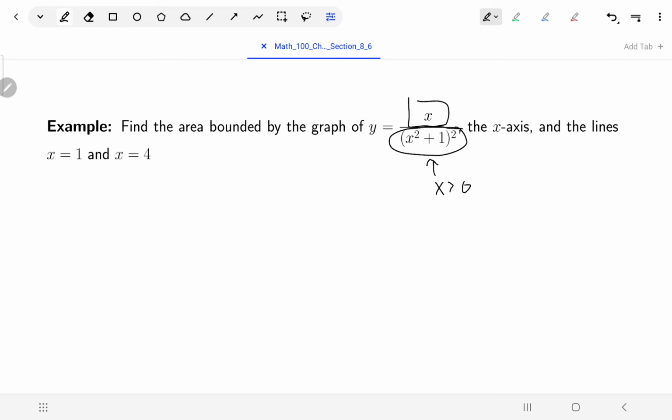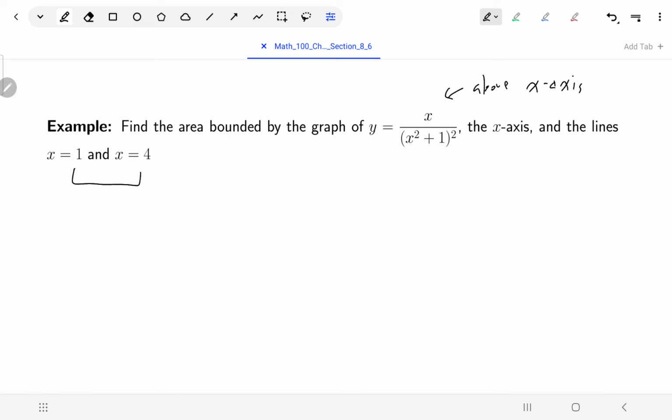And for the numerator, you can also say, well, if x is positive, then the numerator is positive. So at least for positive values of x, and those are the ones that we're interested in. We're interested in values of x between 1 and 4. This graph should be above the x-axis. So I don't need to worry about what it looks like.